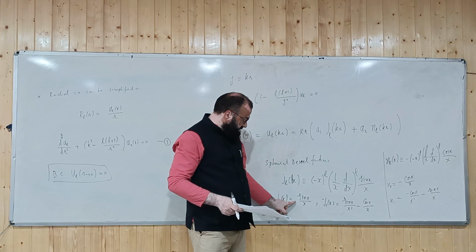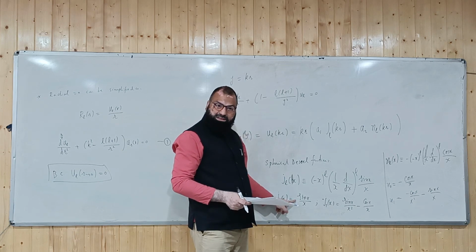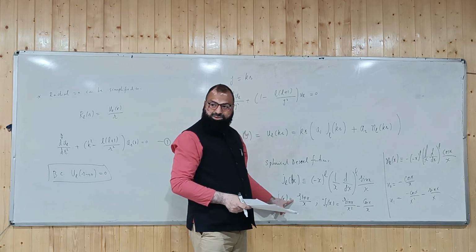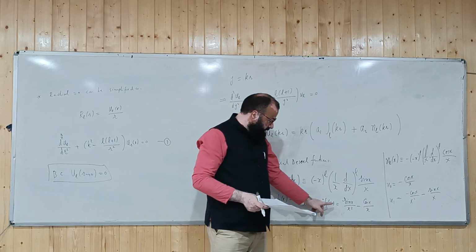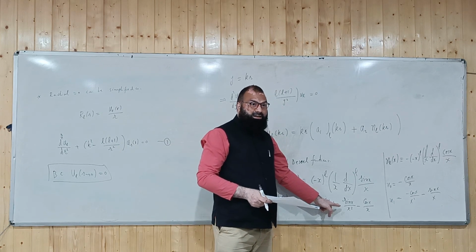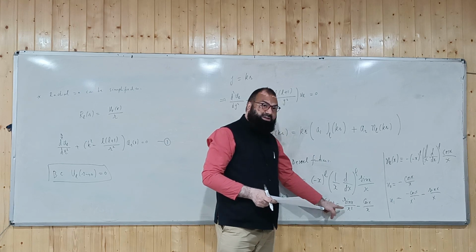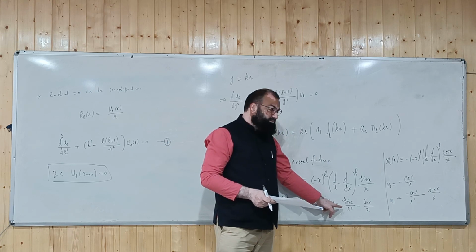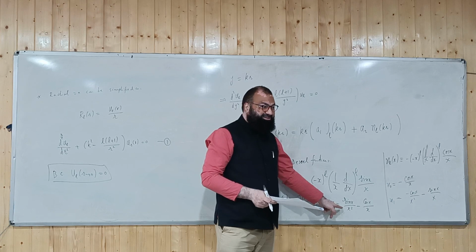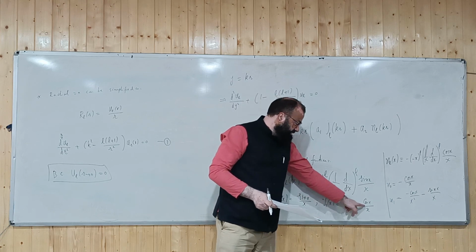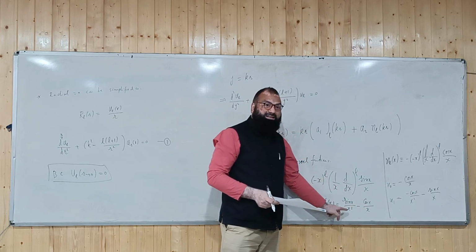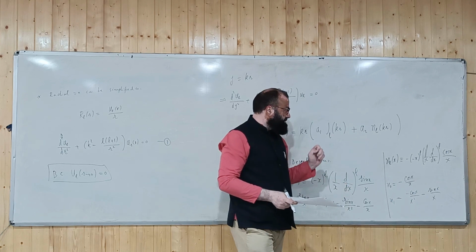Let's take j0 of x, the first one. So this tends to 1. Clear? So this also converges. What about the other thing? It's 0, because you will have a 1 by x here, 1 by x here. Clear? So that will be 0.